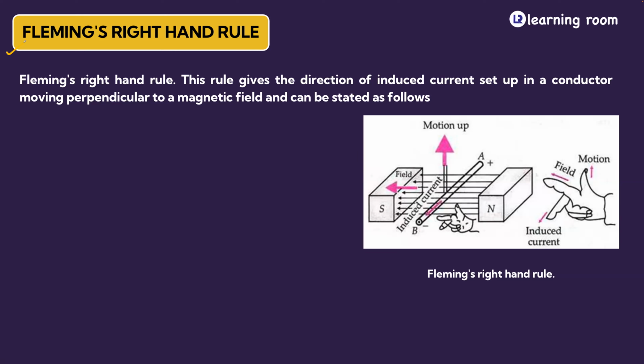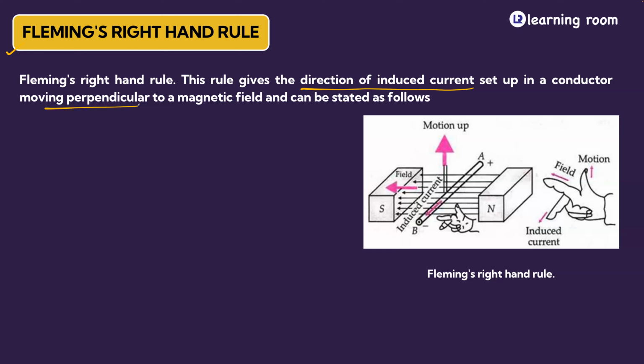It states that this rule is going to give you the direction of induced current set up in a conductor moving perpendicular to a magnetic field. So if there is a conductor moving perpendicular to a magnetic field and you want to find the direction of induced current, you can use the Fleming's right hand rule.